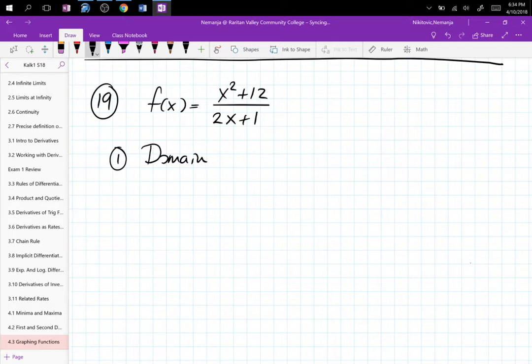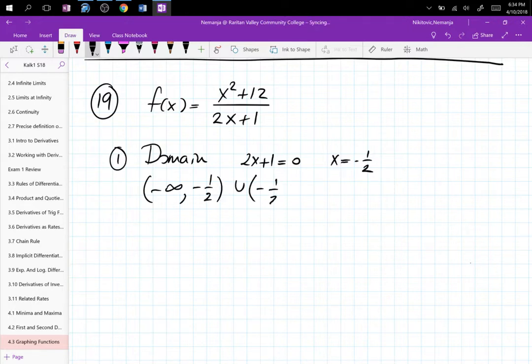If we have anything in denominator that makes a 0, has to be kicked out of the domain. And we do have that, because 2x plus 1 equals 0 gives us x equals -1/2. So what's the domain? It's from -infinity to -1/2, union -1/2 to infinity. We had to kick out a single point.